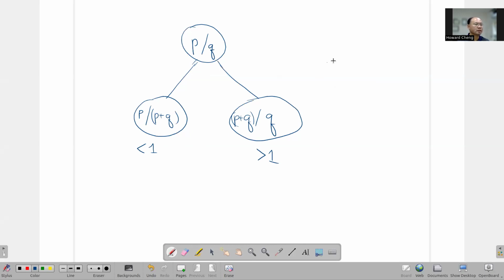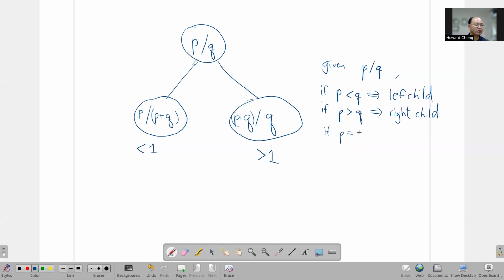So given P and Q, if P is less than Q, you are a left child. And if P is greater than Q, you are a right child. What if they're the same? Well, if P is the same as Q, then you're at the root, because the root starts at 1 over 1, and you're done.